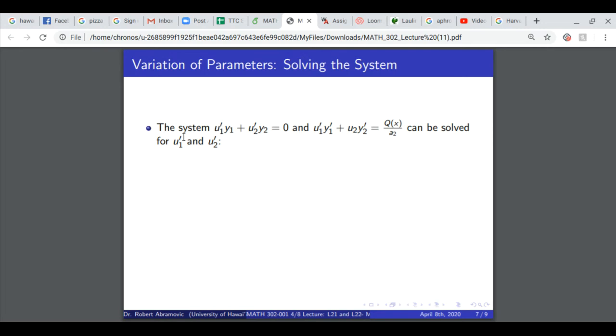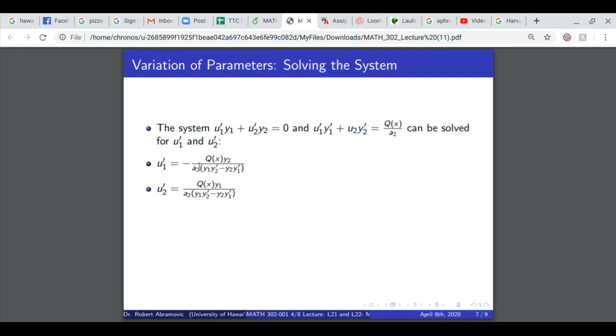This can be solved for u1 prime and u2 prime. u1 prime is negative q of x y2 over a2 times y1 times y2 prime minus y2 times y1 prime. u2 prime is q of x times y1 over a2 times the same factor. So the denominator in each case is the same. The numerator just changes from minus q of x times y2 to q of x times y1.